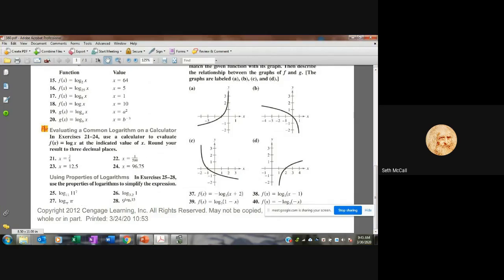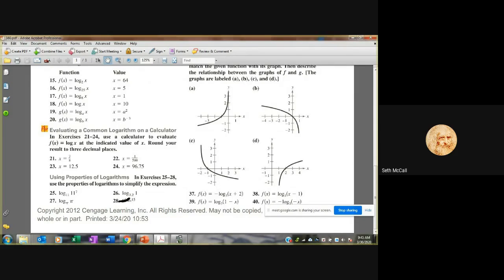Okay, now the last one is, I would say, the trickiest one out of them all, but it's 9 to the log base 9 of 15. The key thing is to look at the base of the exponent, which is 9, and the base of the log, which is also 9. Anytime the base of the exponent and the base of the log match, they will cancel each other out, and you'll simply be left with whatever number is left.